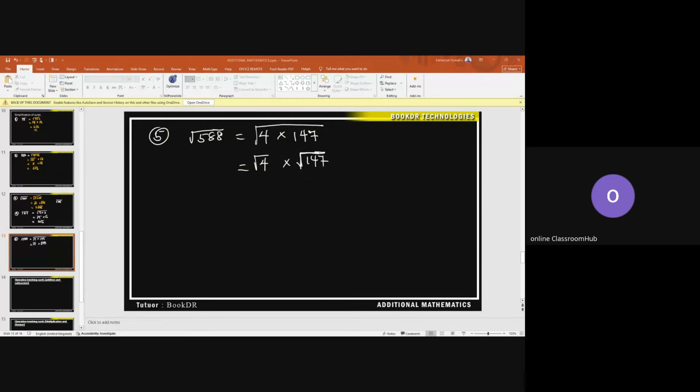Two numbers that will multiply to give us 147, one of which is a perfect square. 49 times 3. Yes, 49 times 3 is correct.